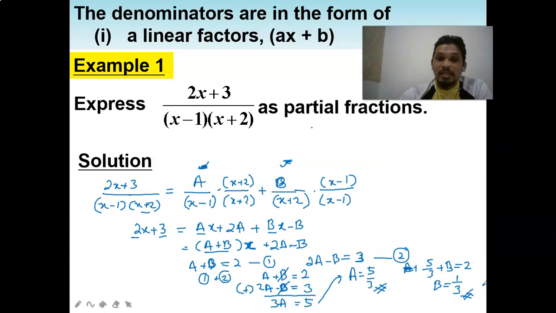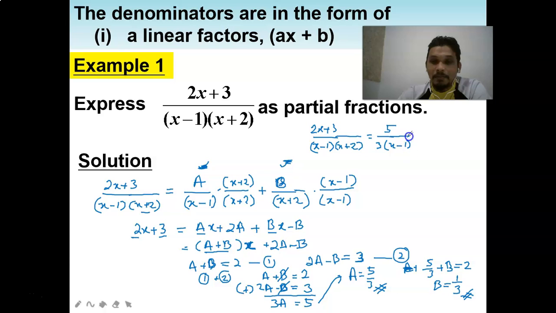So class, guys and girls, now from here we come up with a conclusion. How do I use that here now? Sorry, if I quite recall, I'm going to use this one here now. 2x plus 3 divided by x minus 1 and x plus 2 equal to a is 5 over 3, so it is 5 divided by 3 times x minus 1, and then b is 1 over 3, plus b here.